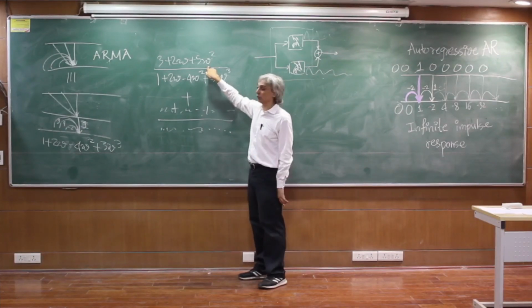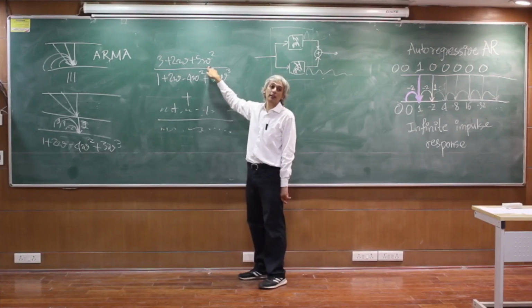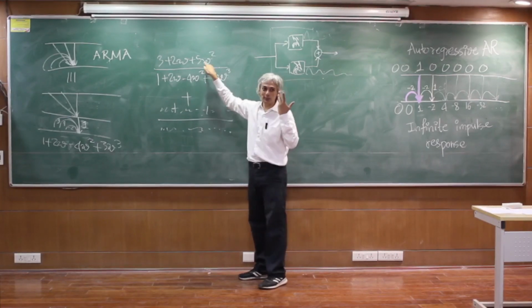By the way, this W representation, your textbook calls it the Z transform, or the Z transform if you are American, which you are not, but someone on YouTube one day in the future could be.